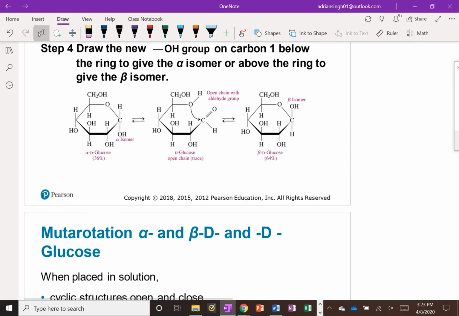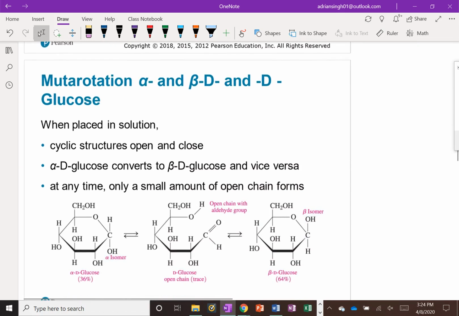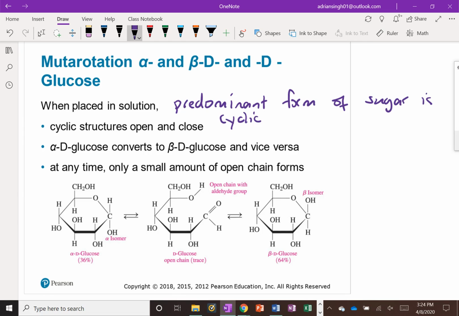All right, so when you have a sugar in solution, the predominant form of the sugar is going to be cyclic, right?